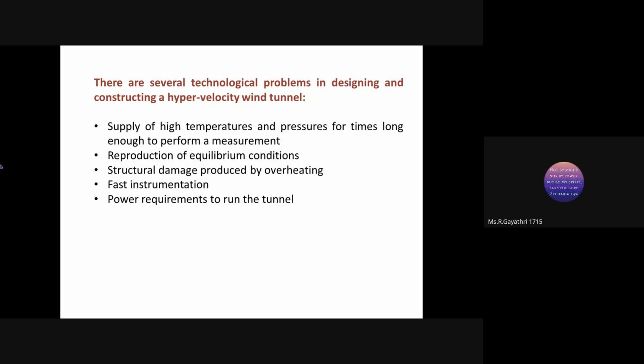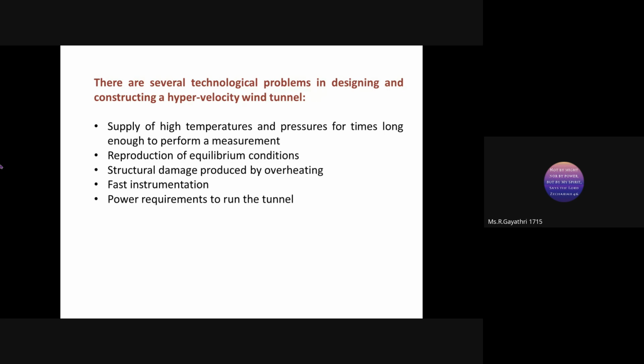Maintaining the same pressure for the same Mach number in the hypersonic regime is a challenging one, and we can see some damage in the tunnel because of overheating, and we must act wisely to capture all the readings, along with the power requirements for the hypersonic tunnel.